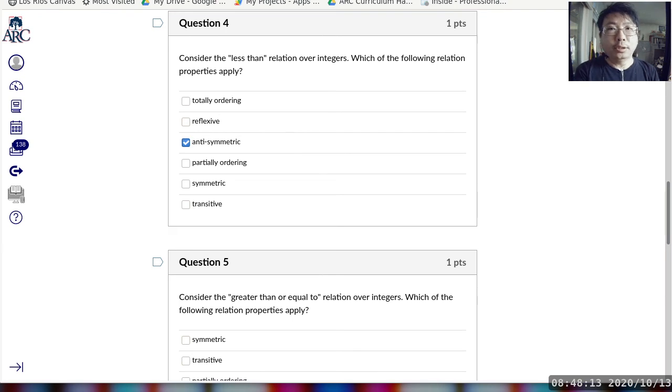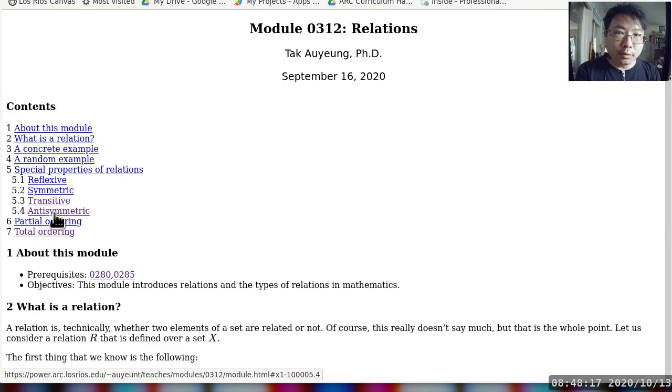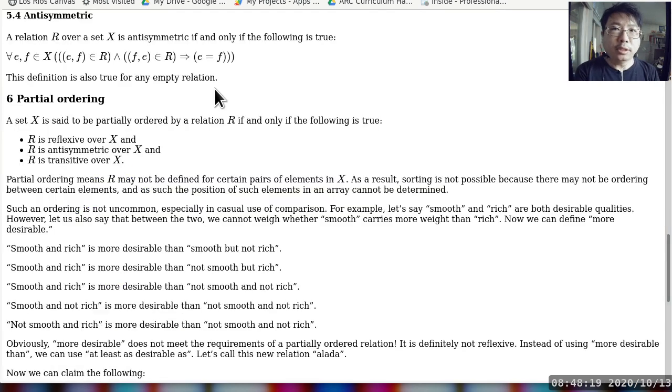So let's go back to the definition, because everything has to do with the definition. So now we go back to the anti-symmetric definition. Once again, we have quantifiers on the outside, which basically says, consider every single way to bind E and F as elements of X. That part we have explained already. Just look at this as a double loop, okay?